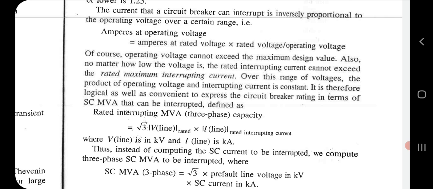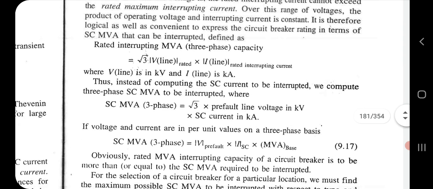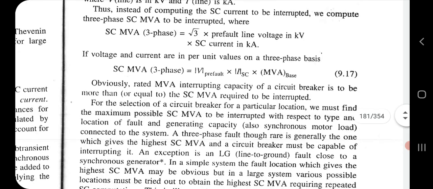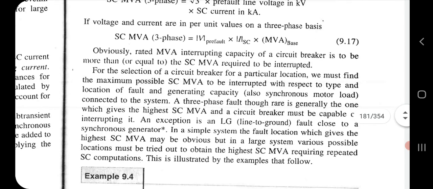Now the main thing we have to calculate is the short circuit MVA, which we calculate from root 3 into pre-fault line voltage into SC current in kV. By using all these formulas, you will be able to calculate the short circuit MVA, that is the interrupting capacity of a circuit breaker.